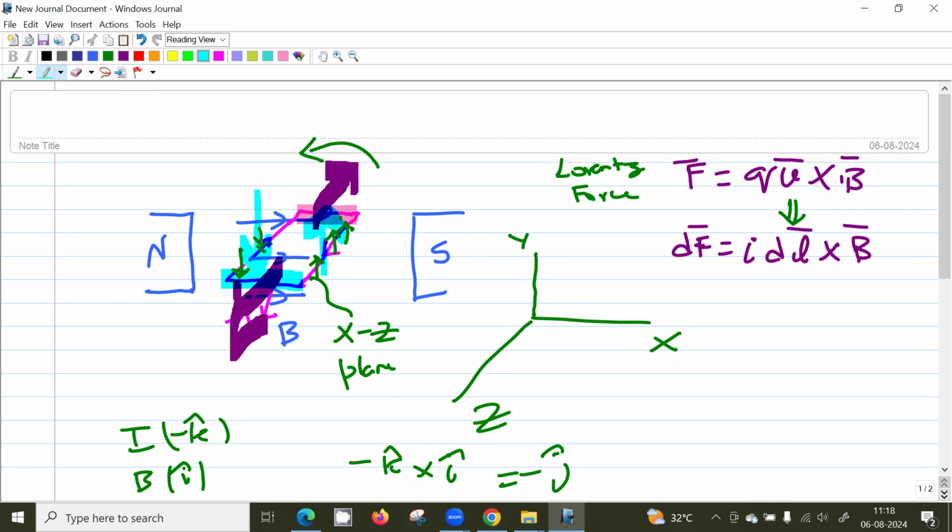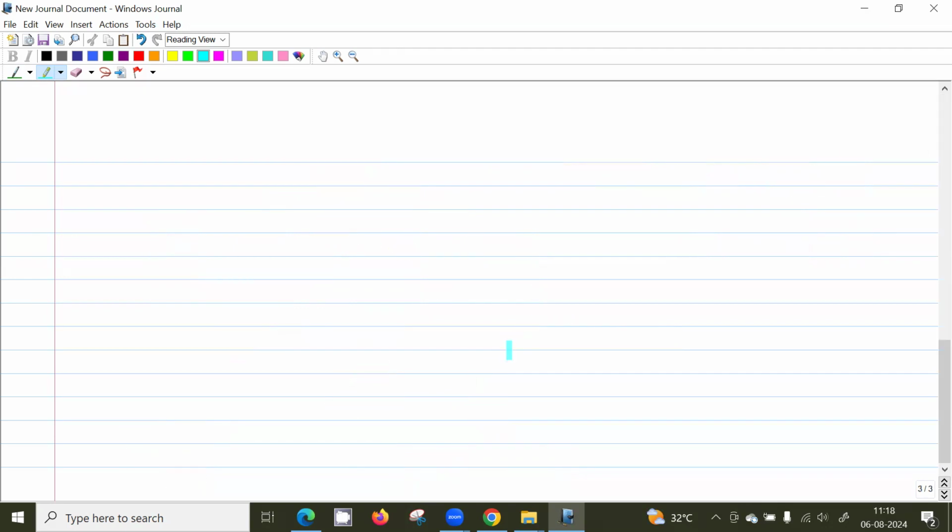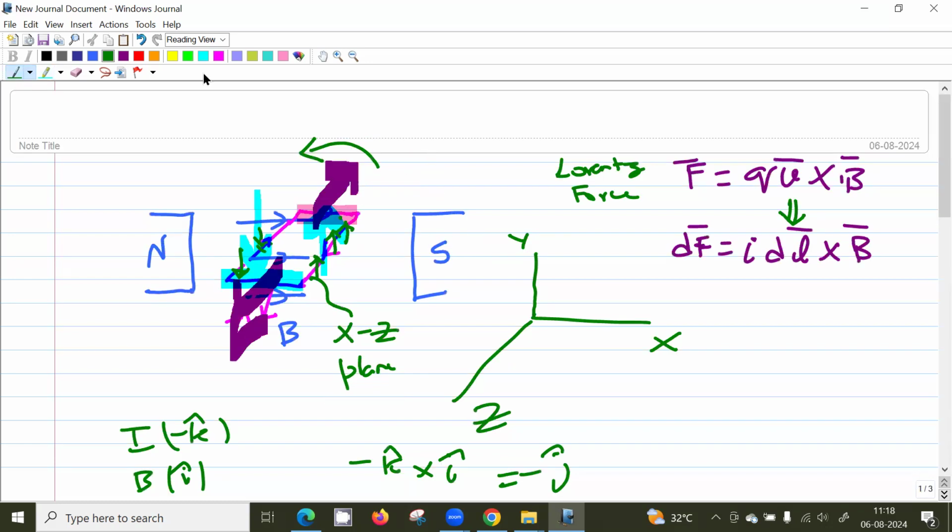Okay. And so this torque, finally, if you write this torque as force into the perpendicular distance. This distance is say 2a, so that will be force into a by 2.